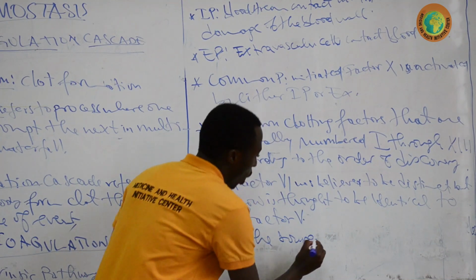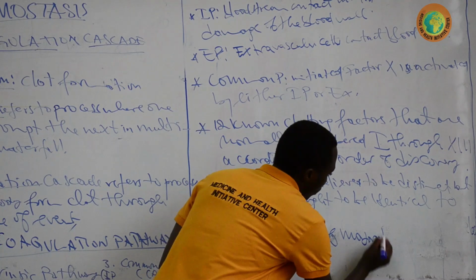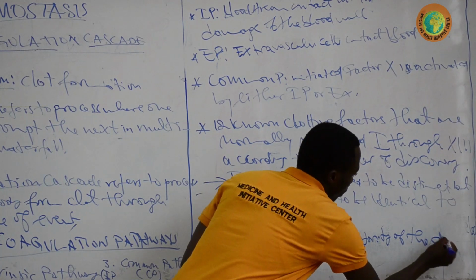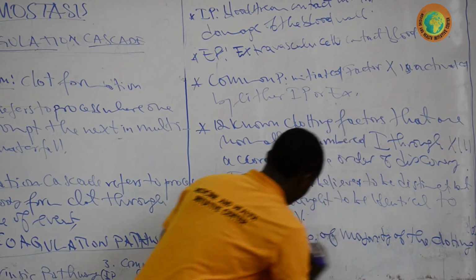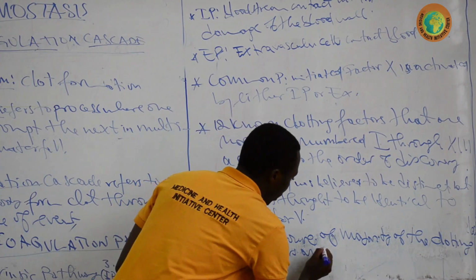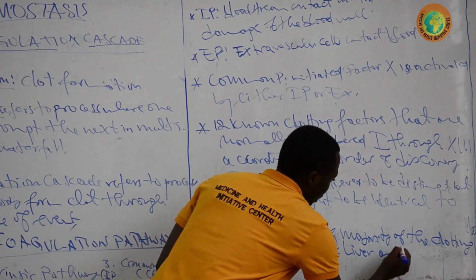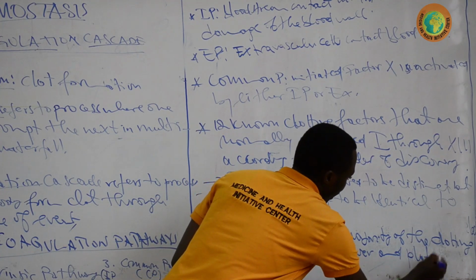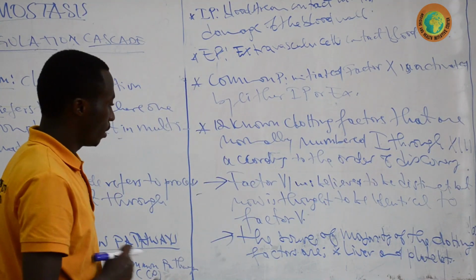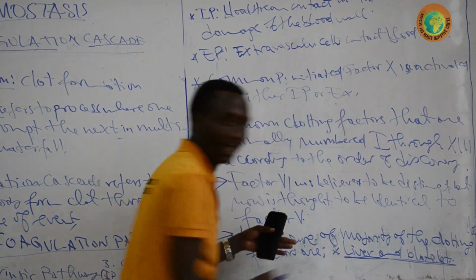The source of the majority of the clotting factors are the liver and the platelets.